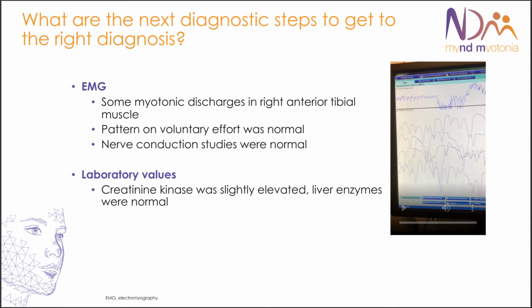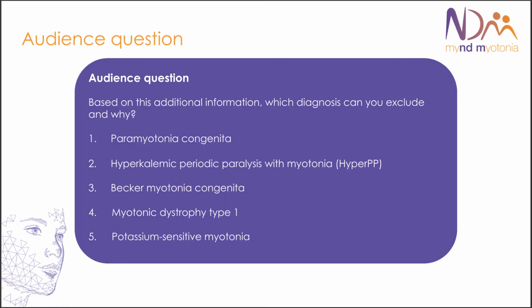And laboratory values showed only mildly elevated creatine kinase with normal liver enzymes. So I would like to ask a next question. Based on the additional information, which diagnosis can you exclude now and why?